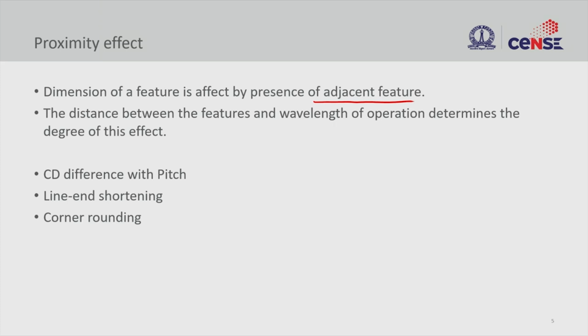This depends on the distance between the features. That is one thing. The other thing is the wavelength of the light that I am using as well. These are the things that determine the degree of this proximity effect. And this proximity effect could bring in CD variation with respect to pitch. So what is pitch here?